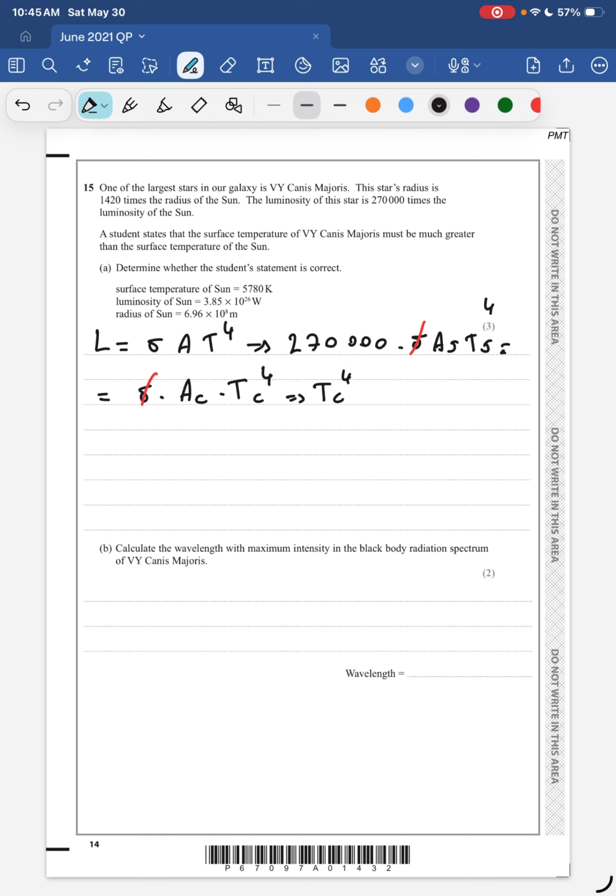Okay, and let's solve for Tc to the fourth. So Tc to the fourth is 270,000 times the surface area of the Sun over the surface area of Canis Majoris times the temperature of the Sun to the fourth.